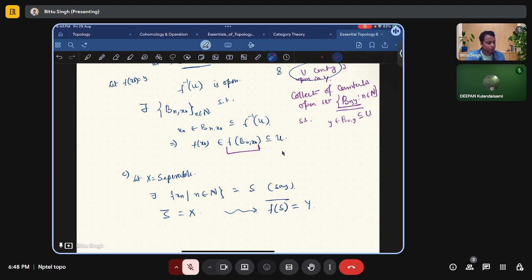This is an exercise you can check. So from here you can say that separability, that property, is also preserved under homeomorphism. So F of S is nothing but this set, F of x_n, n belongs to A, which is a countable set.